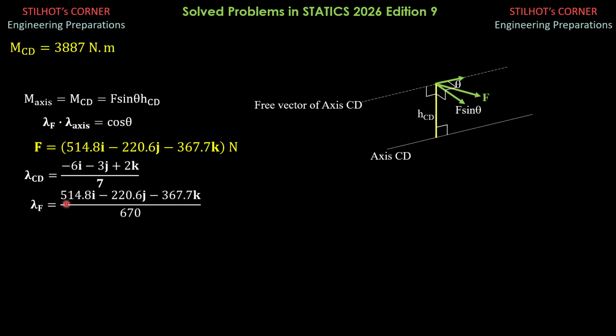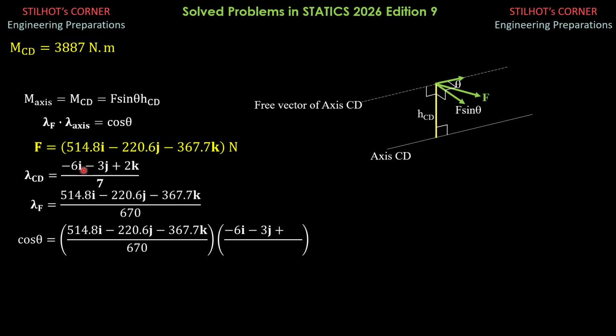So we obtain the dot product. So quantity 514.8i minus 220.6j minus 367.7k over 670, that quantity negative 6i minus 3j plus 2k over 7. Remember that in that product, we only obtain the sum of products of corresponding components.